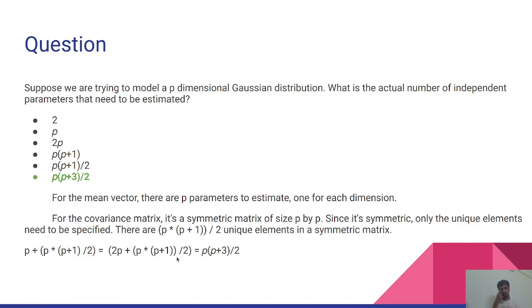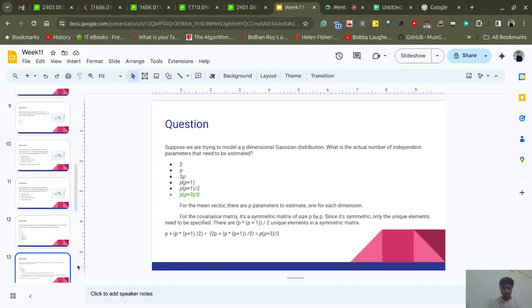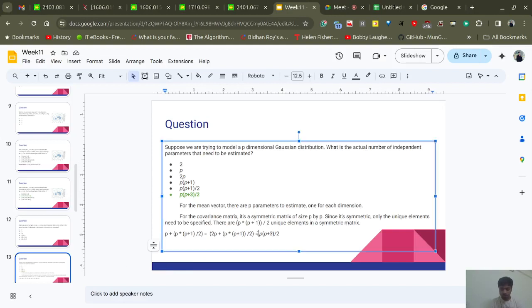Then if we take p common from both the sides, p common, 2 plus p plus 1, so p plus 3 divided by 2. So this is the correct option. So let me just write it here. We are taking p common, so 2 plus p plus 1 divided by 2 equal to this. Okay.